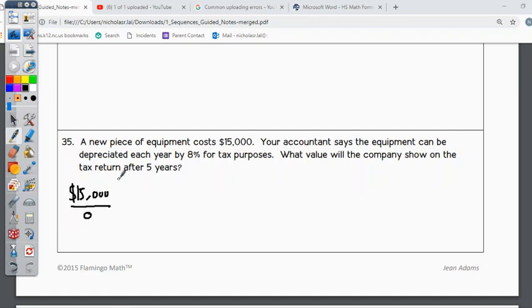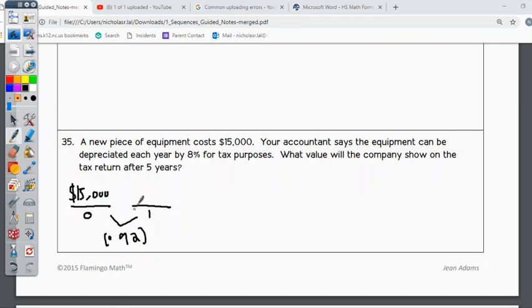Right? It's going to depreciate by 8% each year. What can we multiply to make this depreciate by 8%? When we depreciate by 8%, we keep 92%, so what decimal are we multiplying by? Yeah, 0.92. So it's $15,000 in year 0.